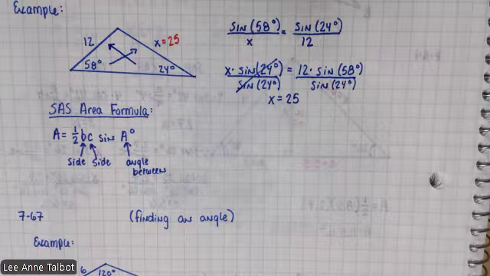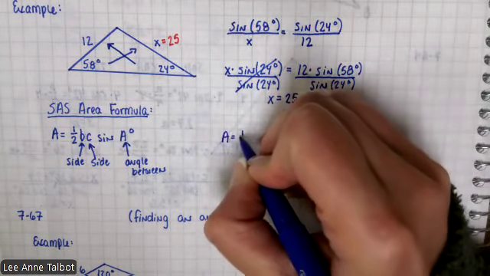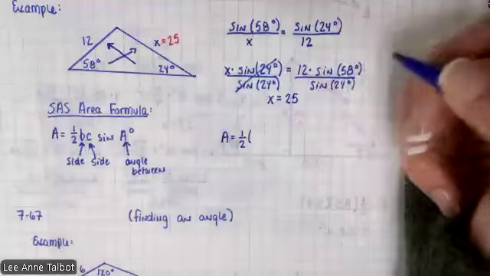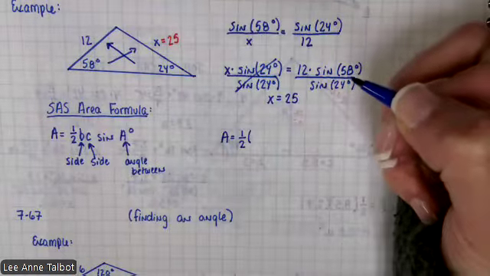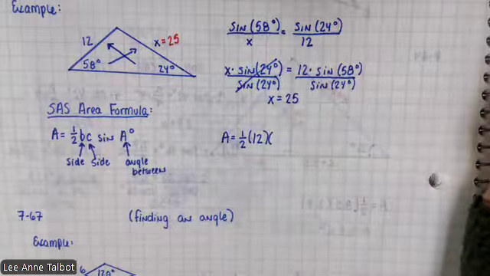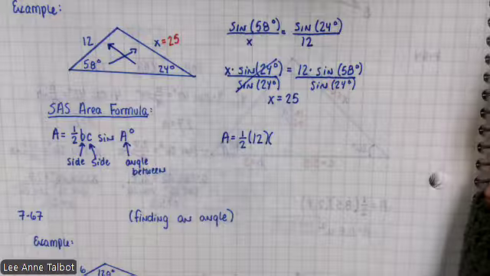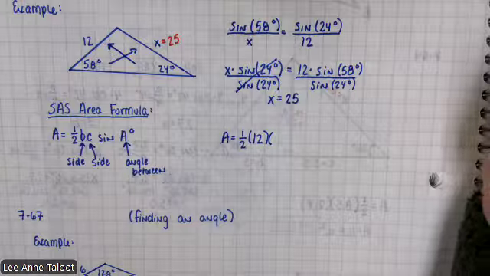Okay, so in our triangle here, area equals 1/2. Okay, give me one of the sides. 12. Give me another one of the sides. 25.